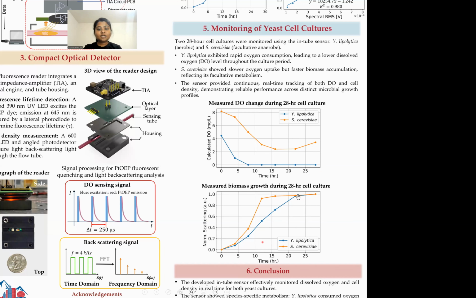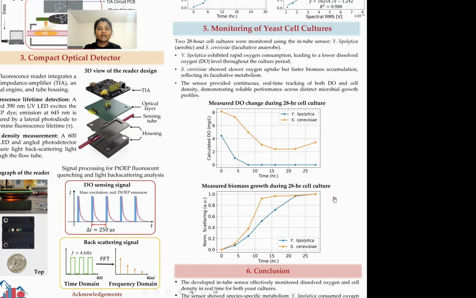We also observe that Yarrowia lipolytica shows a slow, smooth growth curve. Meanwhile, the Saccharomyces cerevisiae can be seen to be consuming oxygen at a much slower level, but it accumulates biomass very rapidly and grows very fast. This shows that Saccharomyces cerevisiae does not need oxygen to grow.